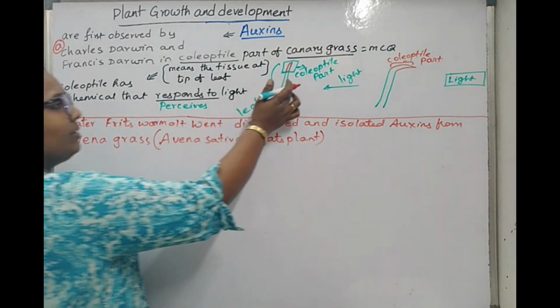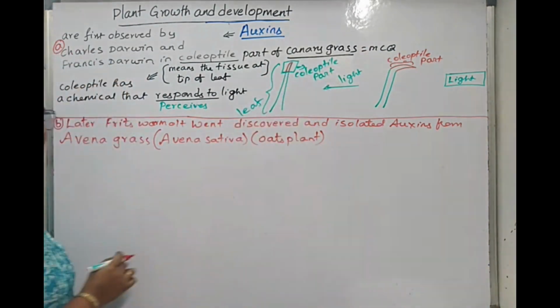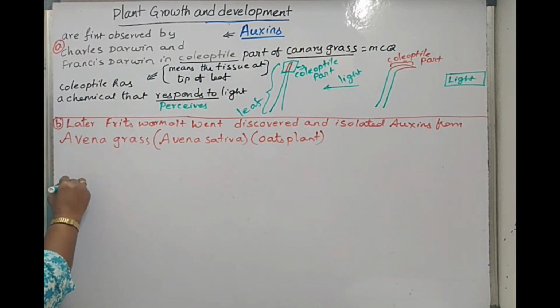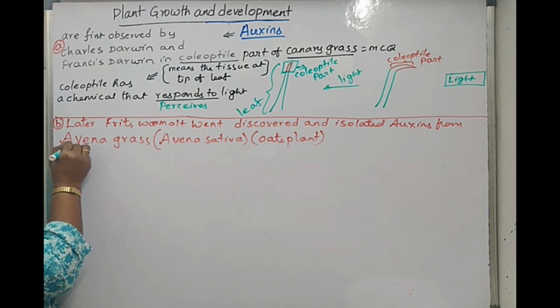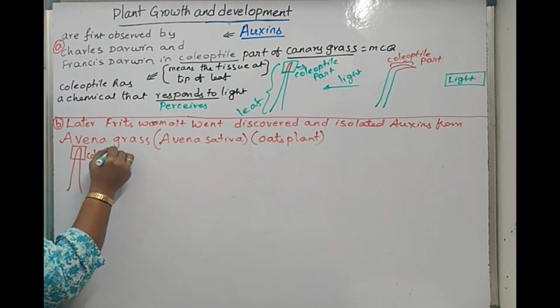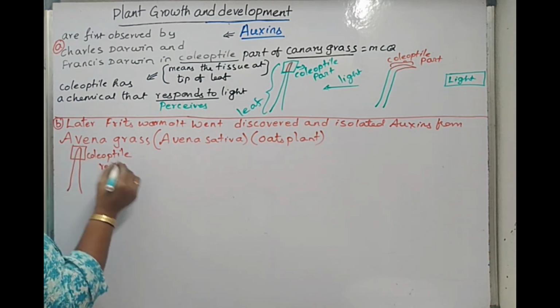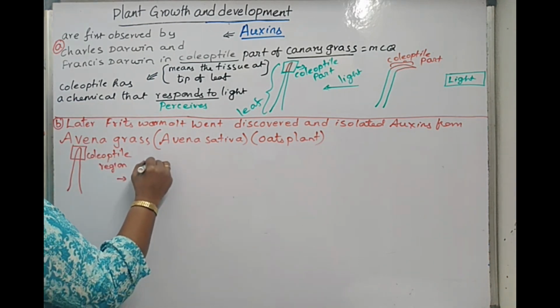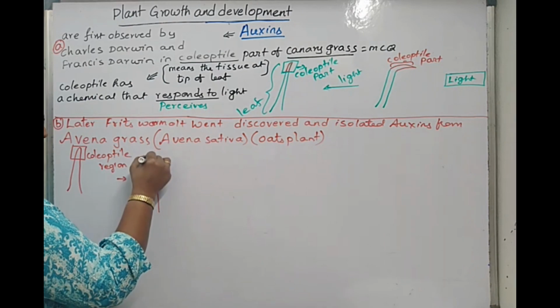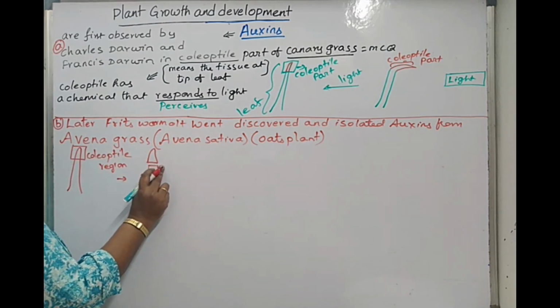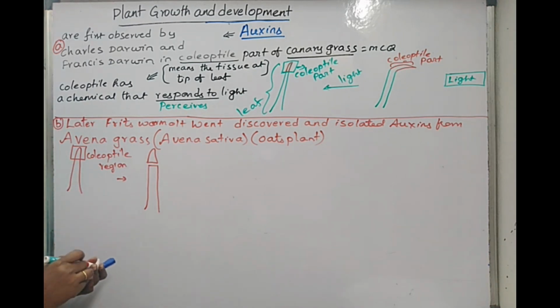We have already seen that the coleoptile bends towards light. Now to do this experiment, he took Avena sativa grass, and we know that the tip part is the coleoptile region. He cut this tip part. I am representing here a separated coleoptile part.